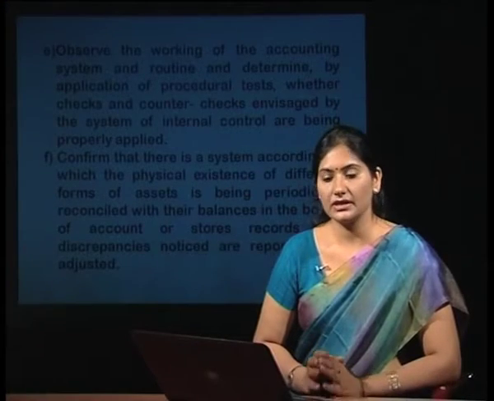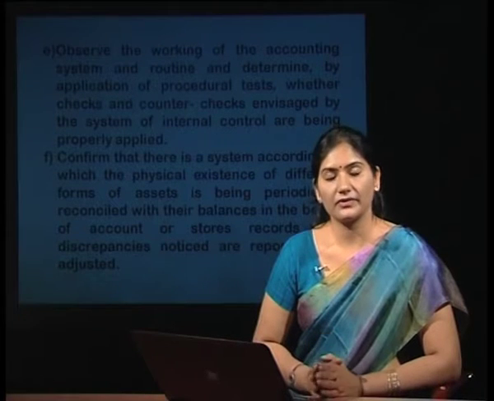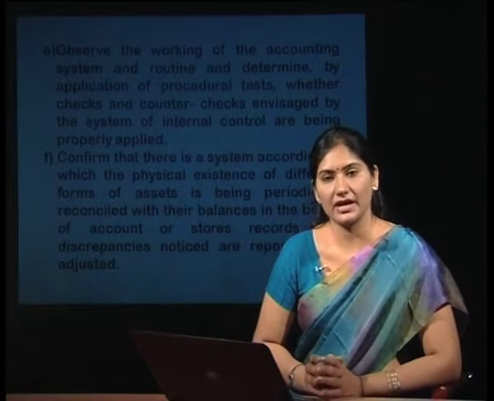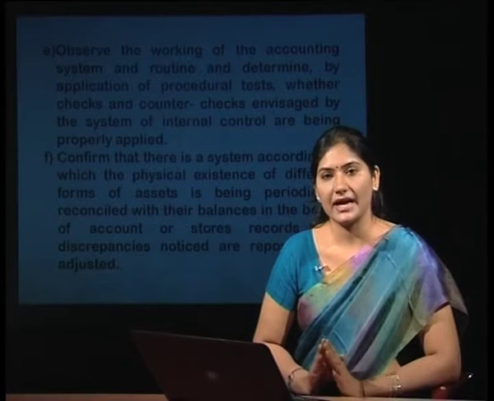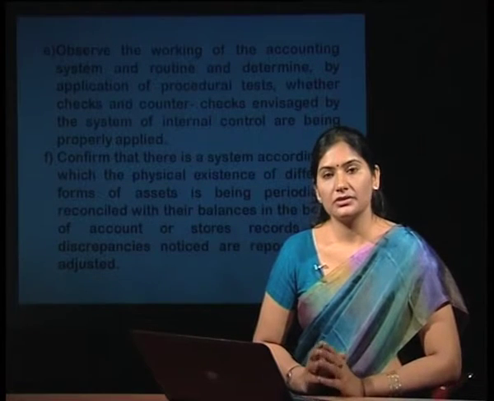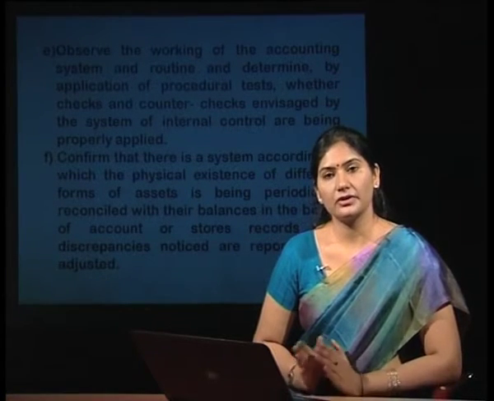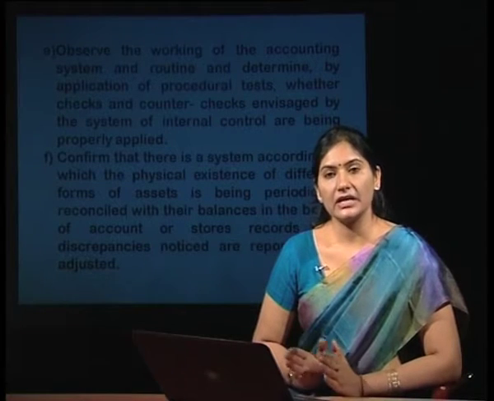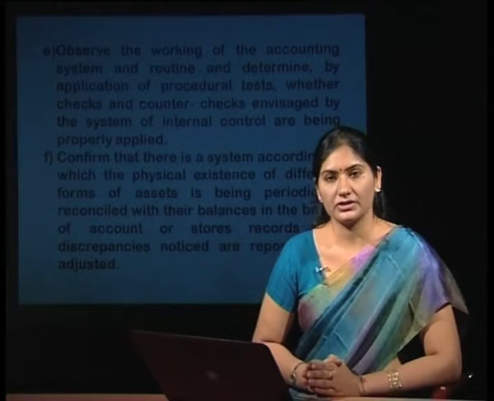After we have taken care of the authority being given to the officials and the supervision and mechanical aids, the next aspect is the accounting of the cash. The system of accounting, the routine of accounting, the way it is being managed should also be supervised and checked. Also, it should be seen whether the work of one official is getting counter checked by another official.